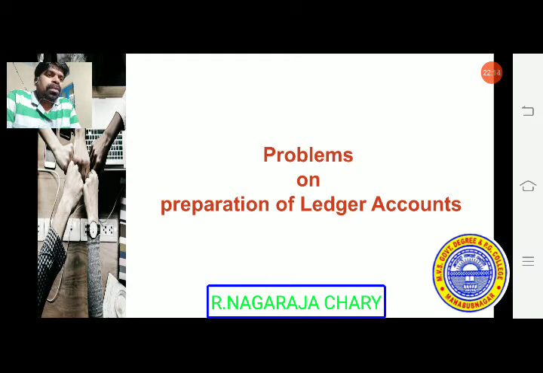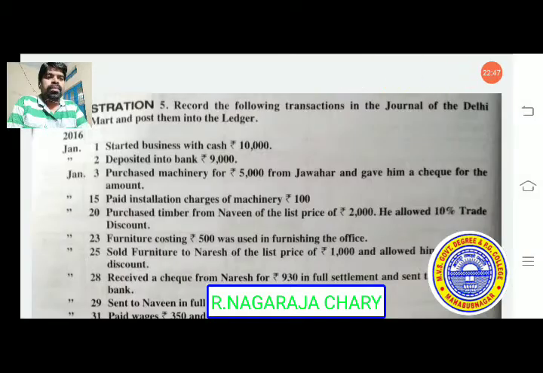After posting, at the end of the period, all the accounts are to be balanced, and with those balances the trial balance is to be prepared. That is the process. So, let us see how we prepare ledger accounts by doing some problems.